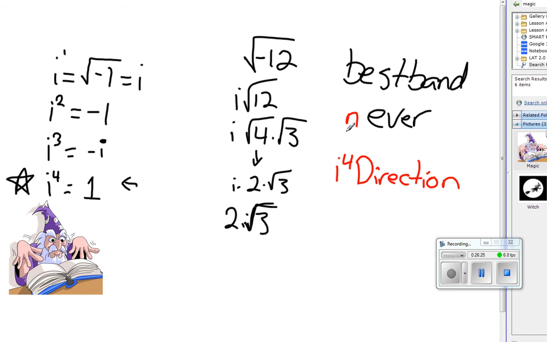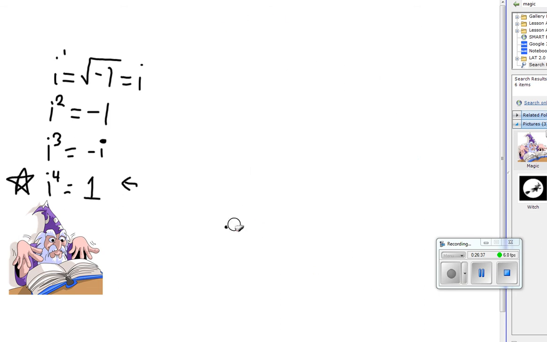That'll show up. Alright, we still working or are we done? The next one is number 11, which is 2 plus the square root of negative 25.